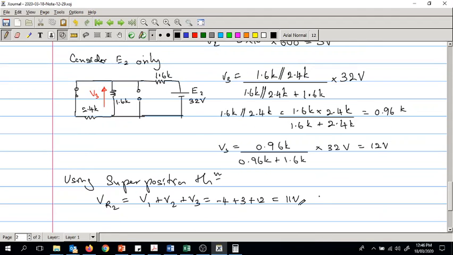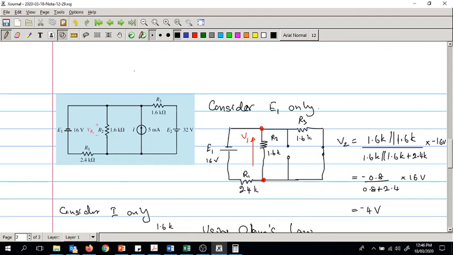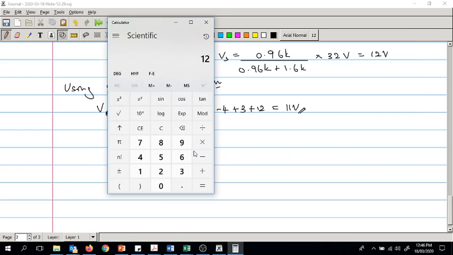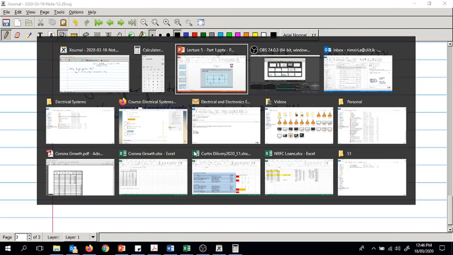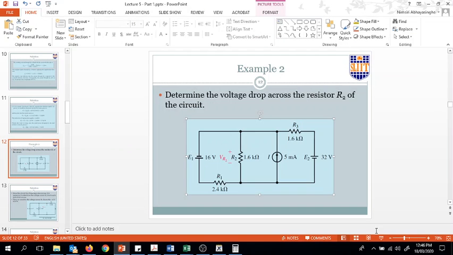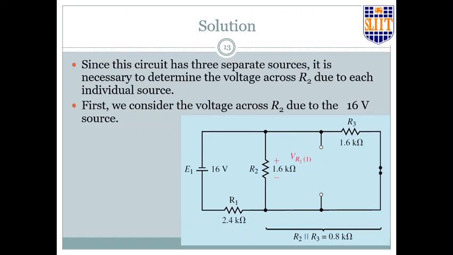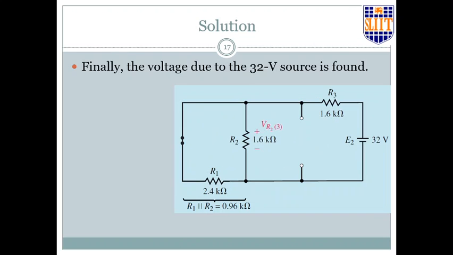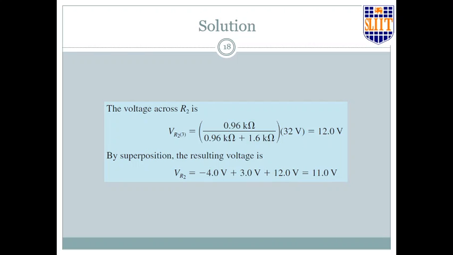Right, so the voltage across the resistor R2 in this circuit is 11 volts. Let's look at the answer in here. It's minus 4 plus 3 and then 11. So the result is correct.